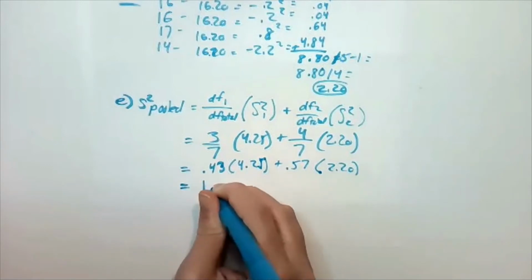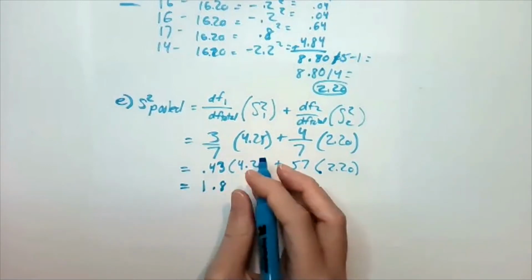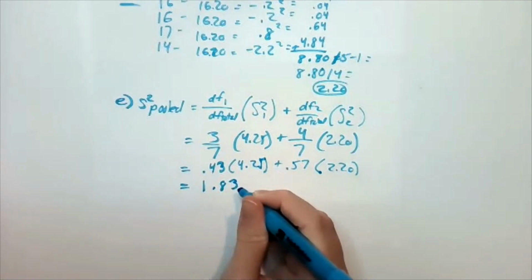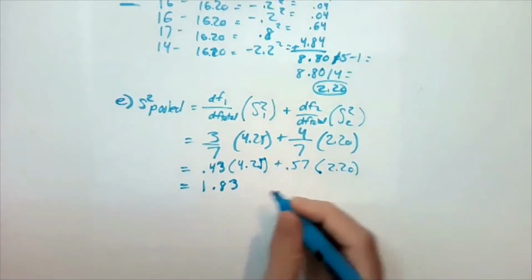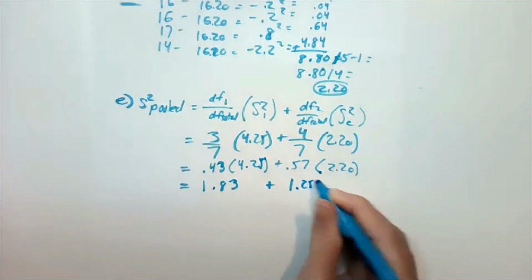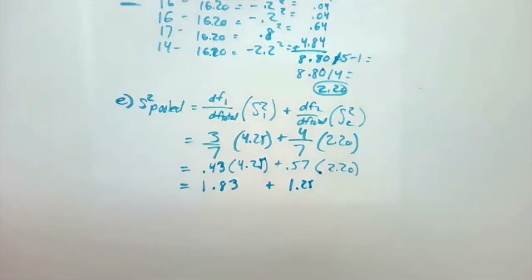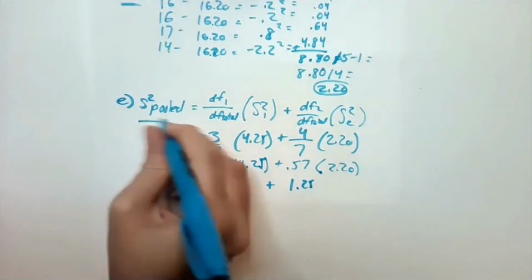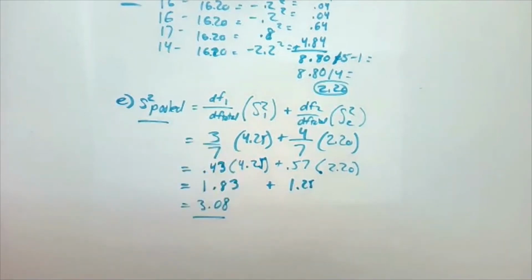That's going to give me 1.8275, so I'll just round to 1.83 here. And then over here we have 1.25. If I add those together, we're going to get 3.08. And again, this is my pooled variance here.